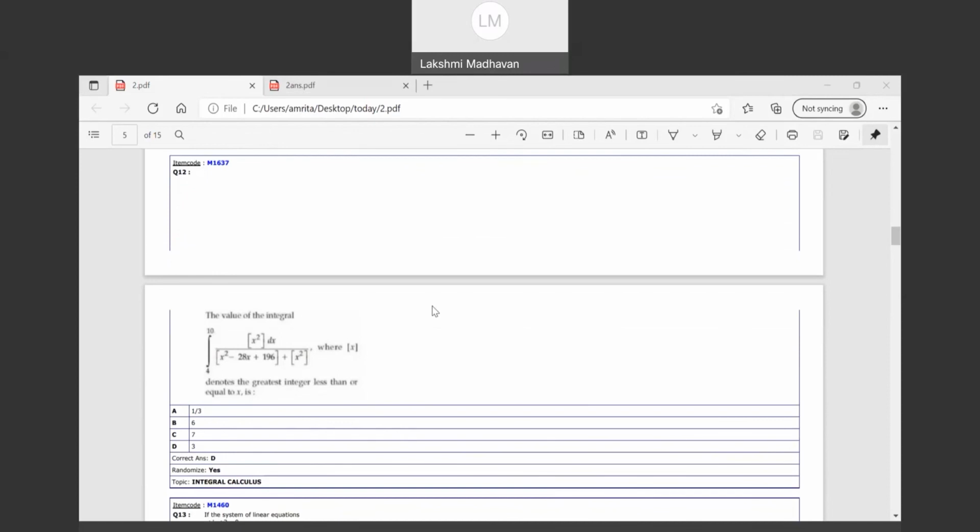I would read out the question once again. The value of the integral from 4 to 10 of x square dx divided by x square minus 28x plus 196 plus x square. And they have given a condition: x denotes the greatest integer which is less than or equal to x.